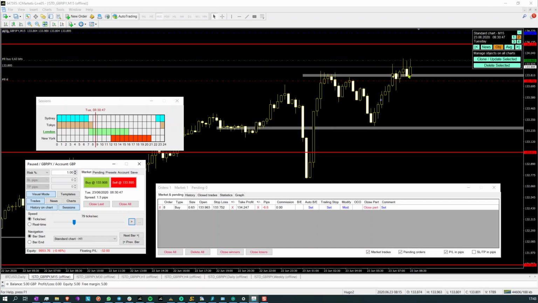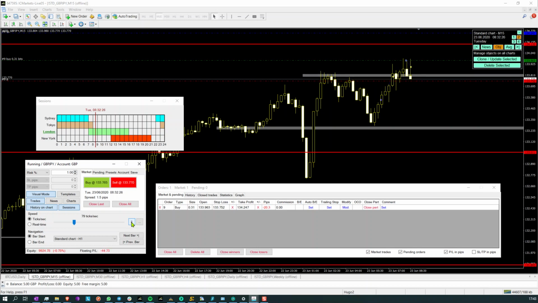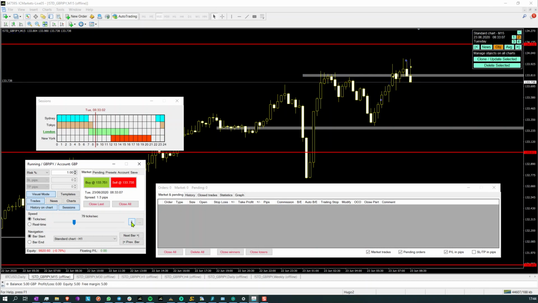We have an M15 bearish close, but it recovered. Should I leave the 50%? No, I'm closing 50% because we had a bearish close. That's it. And now we continue. Okay, I did the right thing.